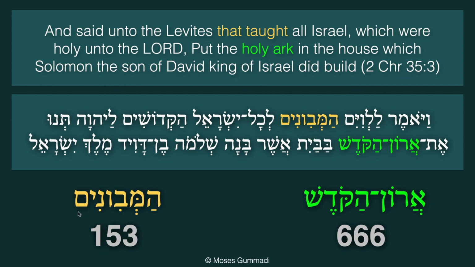So the instructors or builders, or both, because they build a society by instructing the society, and that number is 153. Remember this, Levites, those who are teaching, okay? Because again, we are going to connect that thought later on ahead of this presentation.